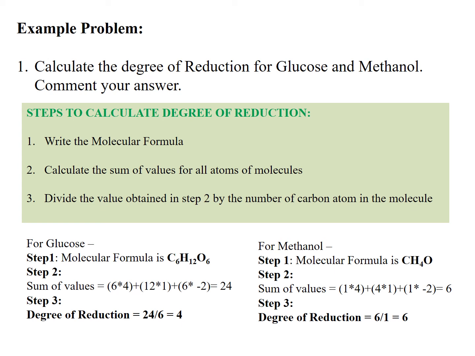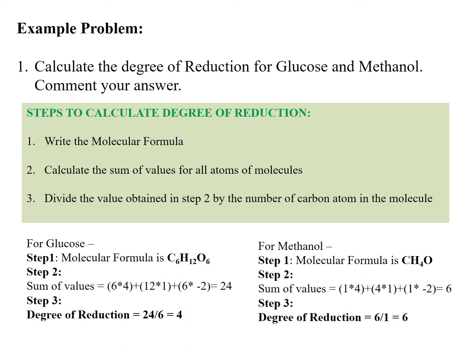In the same way we calculate the degree of reduction for methanol. The molecular formula for methanol is CH4O. Then we find the sum of values. Here the carbon atom is 1, so we multiply 1 by the valency of carbon, that is 4. For hydrogen it is 4, so we multiply 4 by valency 1.